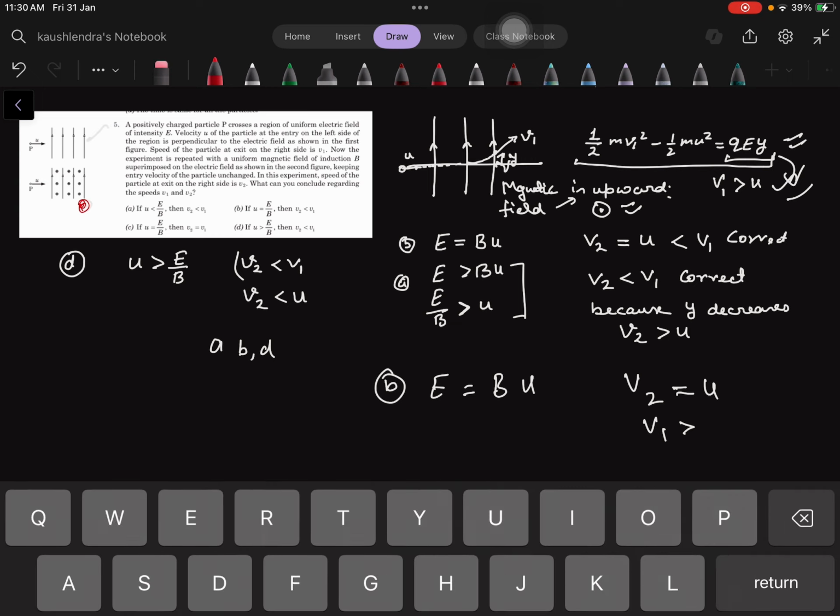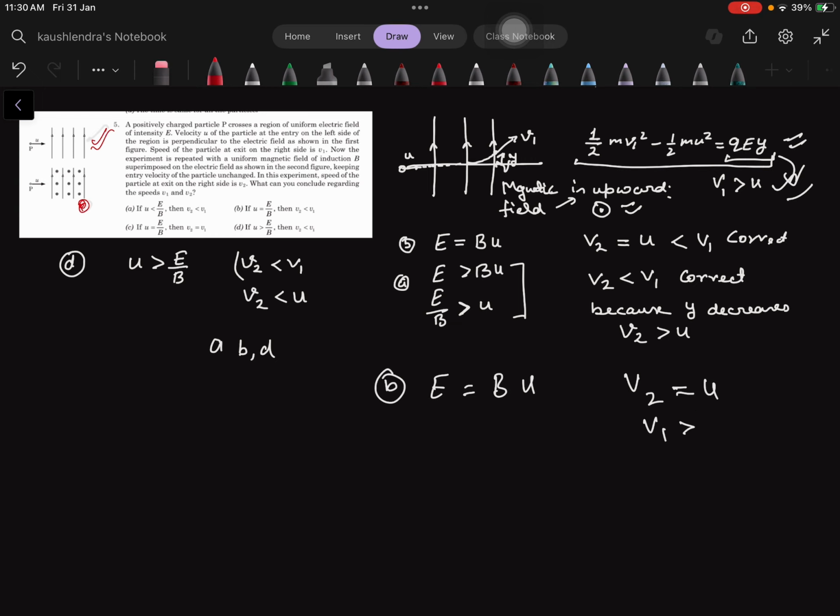So V1 should be greater than V2 as well, or greater than U as well, that we can say for that particular case. So V2 is less than V1, that's why it is written here clearly in that way.